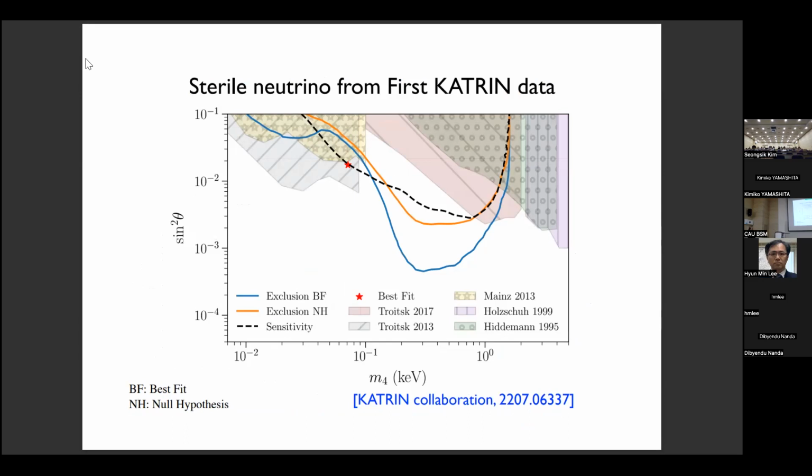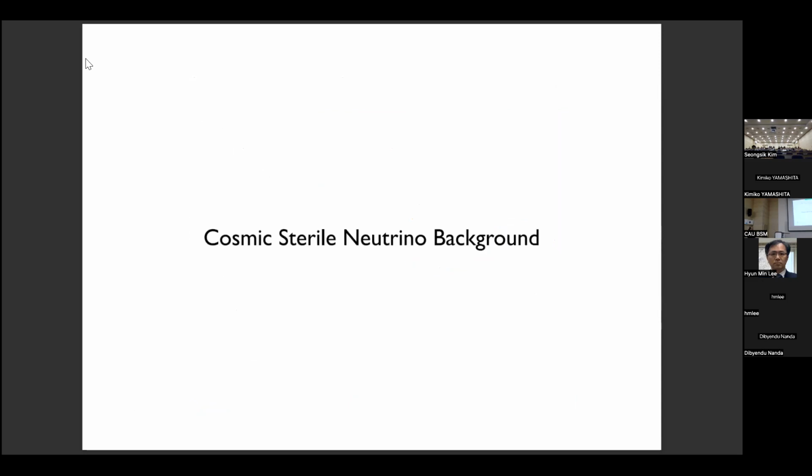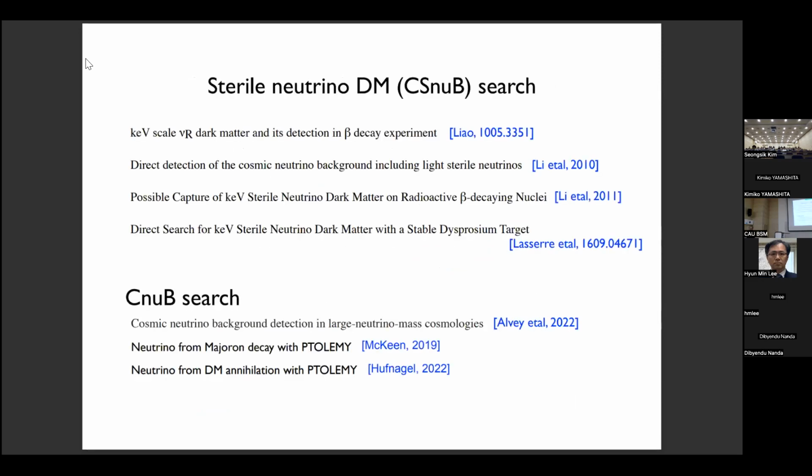So they actually disfavor masses around 0.1 to 1 keV, with mixing angle around 10 to the minus 3. So that's the new result for the constraint on sterile neutrino mixing to the electron neutrino. So that's the introduction. Now this is our work.